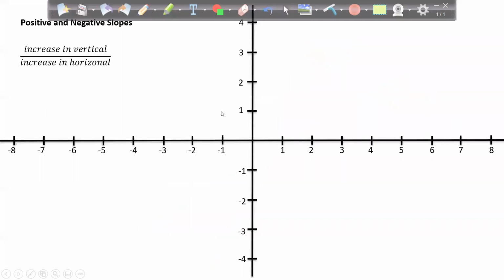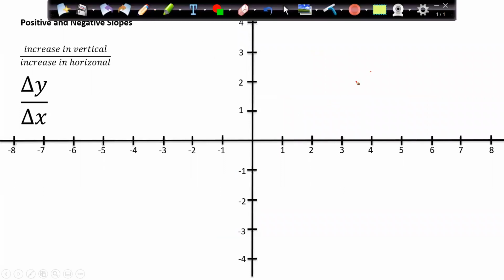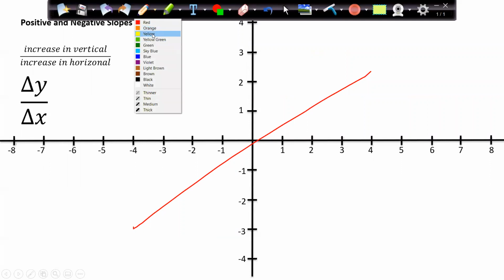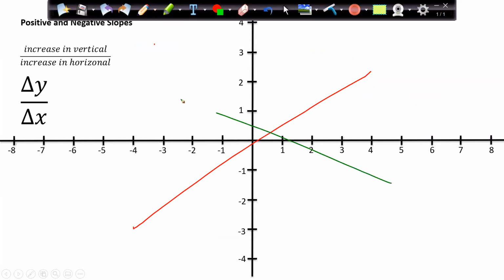Now there is a concept of positive and negative slopes as well. For example, I have this line and I have this line.